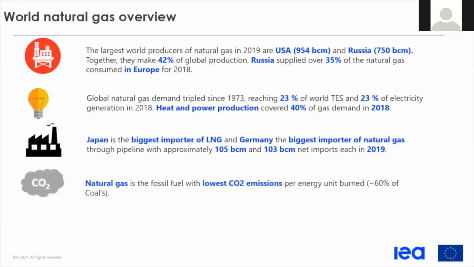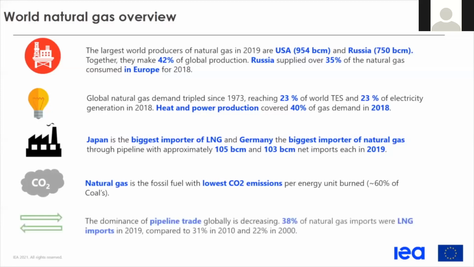The main reason is that natural gas is the fossil fuel that emits the least CO2 per unit burned. It's around 60% of coal, for example, which explains the interest of many countries in using this fossil fuel to reduce their carbon footprint during their green energy transitions.